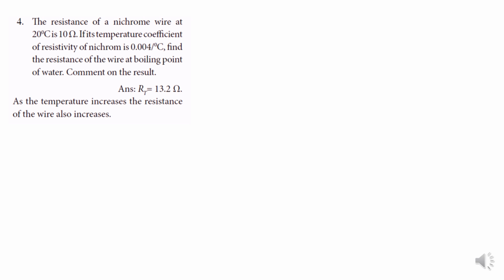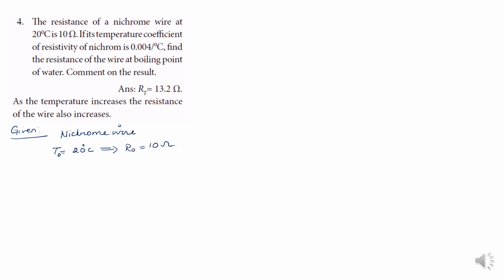Okay. So what is given is the conducting wire is a nichrome wire, which is basically a metal. You have to identify that. Okay. The resistance at 20 degrees Celsius is given as 10 ohms. So at temperature T0, the reference temperature, the corresponding resistance R0 is equal to 10 ohm.